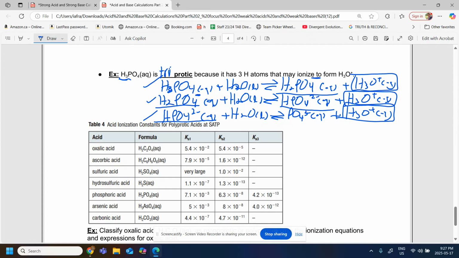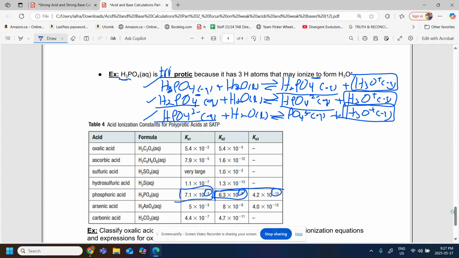Let's analyze the Kas of phosphoric acid and its conjugate bases. Ka1 is 7.1 times 10 to the negative 3. Ka2 is 6.3 times 10 to the negative 8, and Ka3 is on the order of 10 to the negative 13.